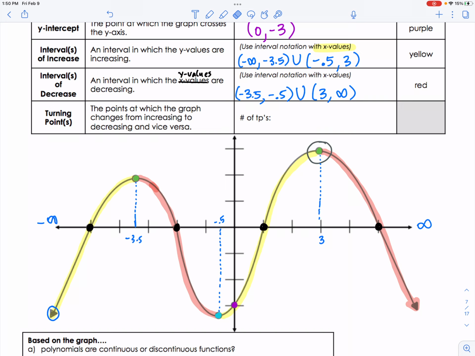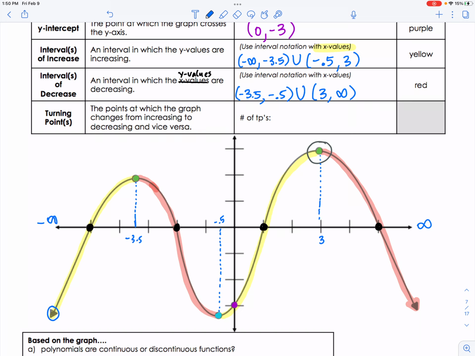All right, now the turning points. These are also called points of inflection. Actually, no, not this one. Here it says the points at which the graph changes from increasing to decreasing, right? Points of inflection is something else. Don't worry, sorry I said that. So we're looking at where it goes from increasing to decreasing.